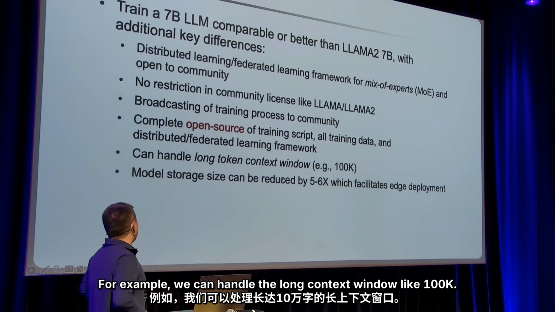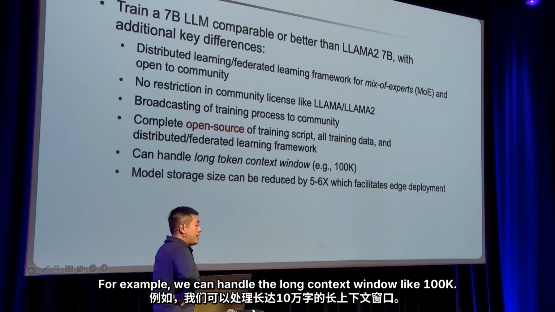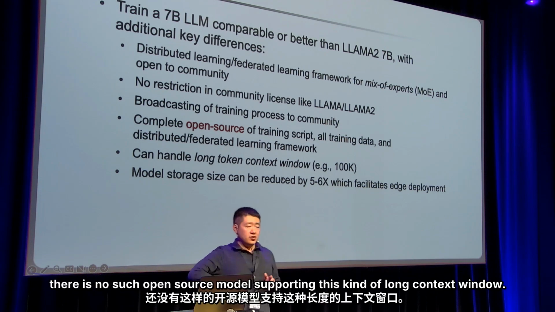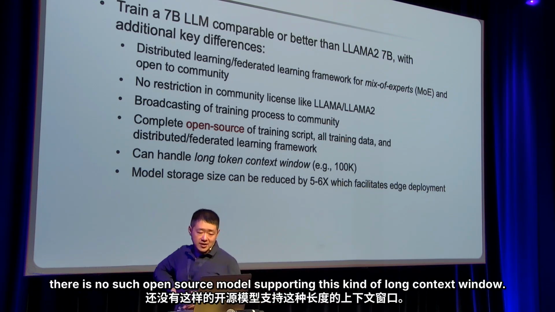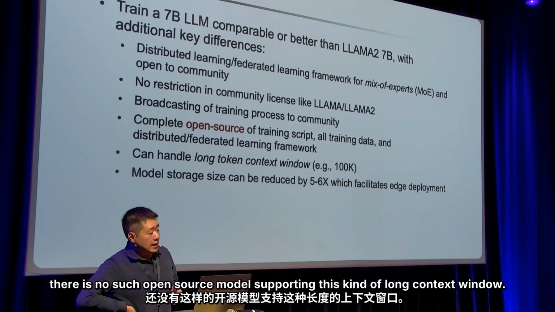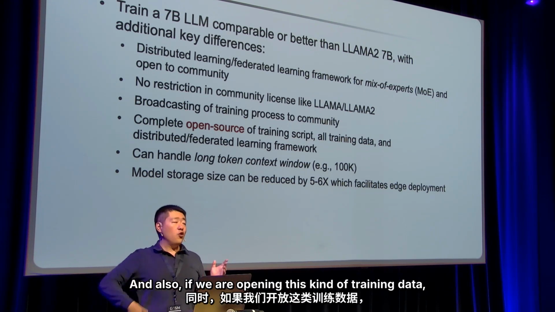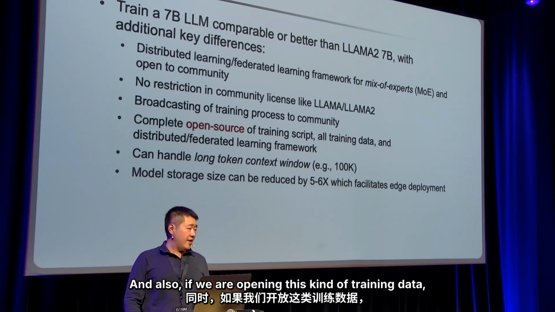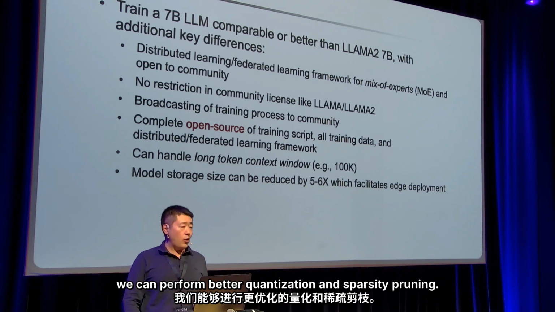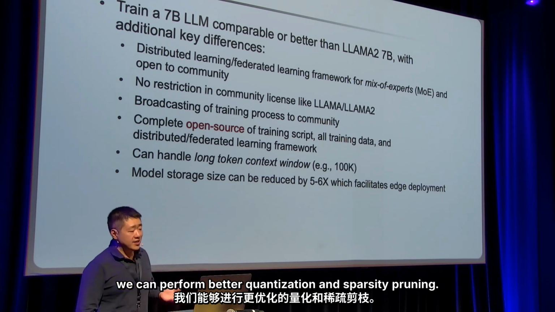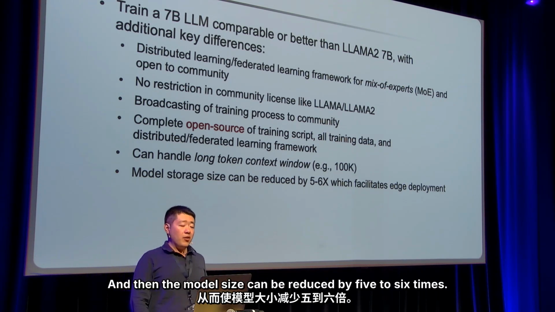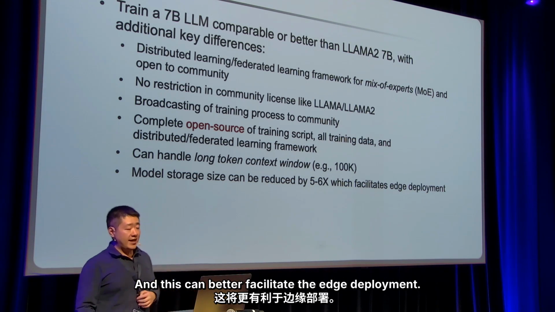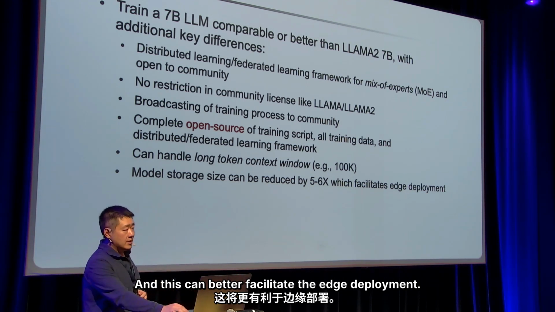By open sourcing everything, we have some advantages. For example, we can handle a long context window like 100K. Currently, there is no open source model supporting such a long context window. Also, if we open the training data, we can perform better quantization and sparsity pruning, and the model size can be reduced by 5 to 6 times. This can better facilitate edge deployment.